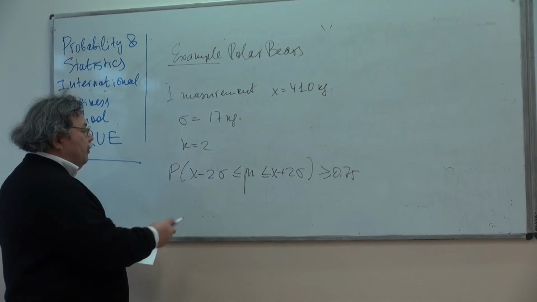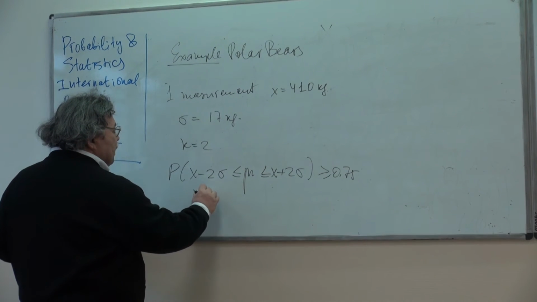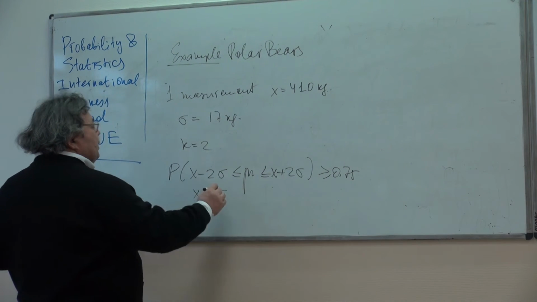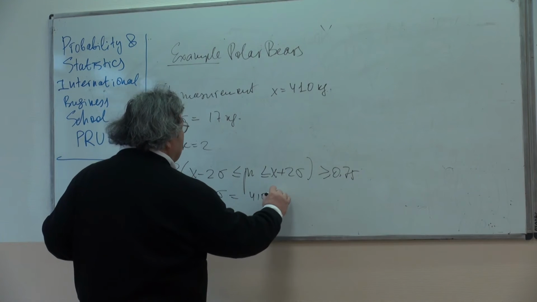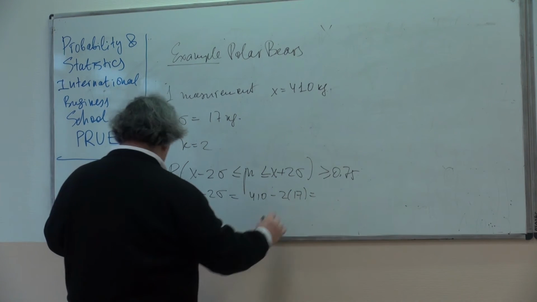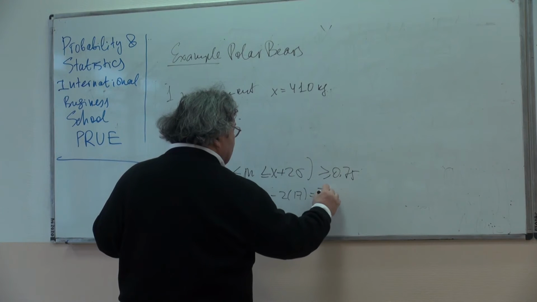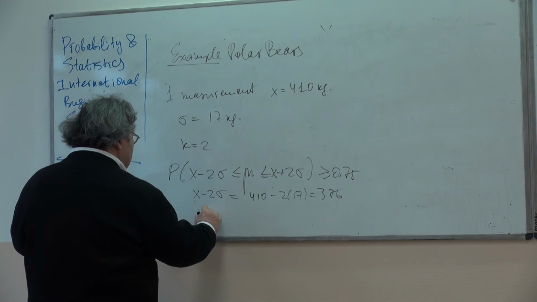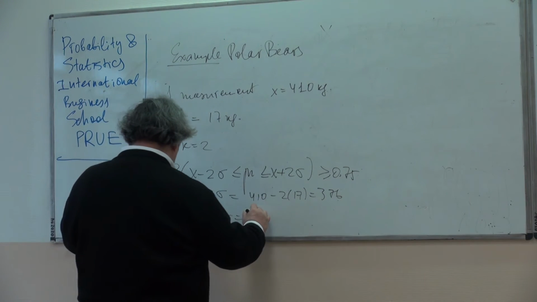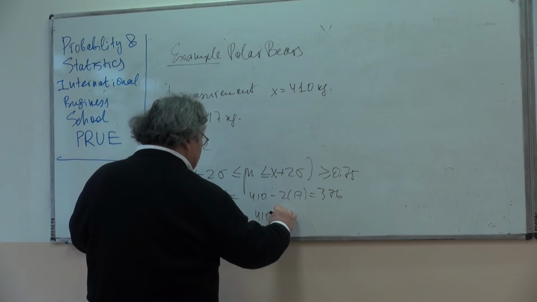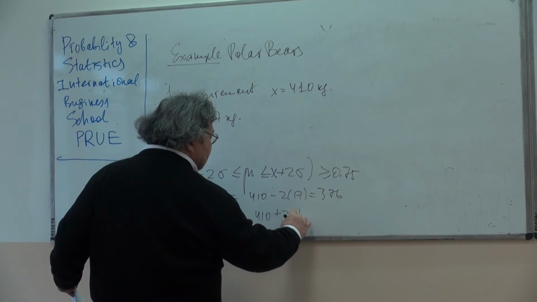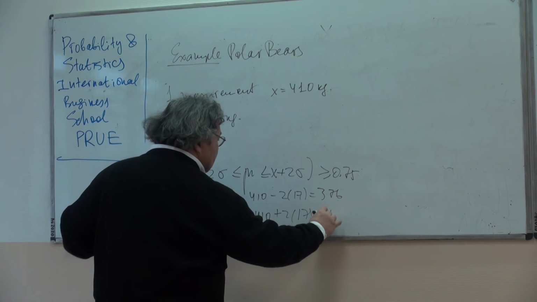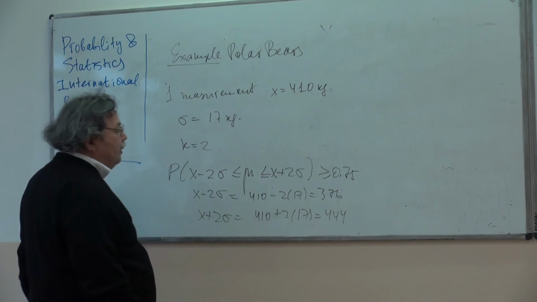But look at this. X minus 2 sigma is 110 minus 2 times 17, which is 76, and x plus 2 sigma is 110 plus 2 times 17, which is 144.